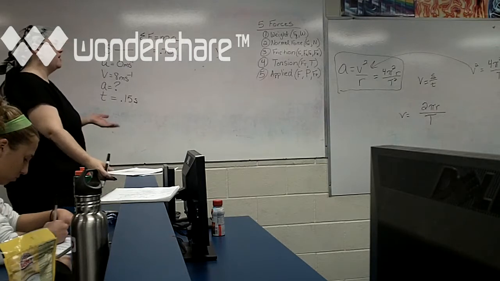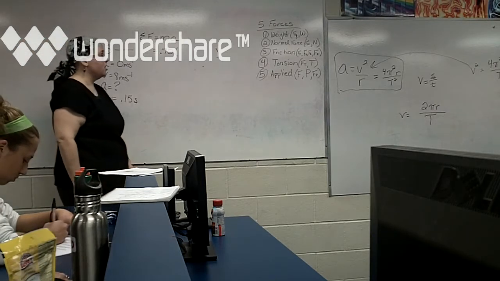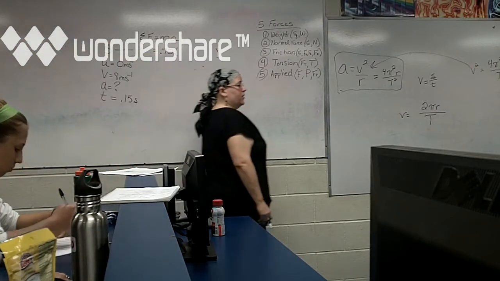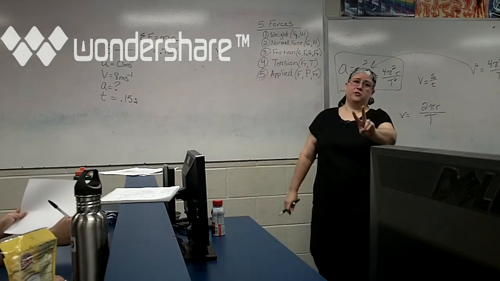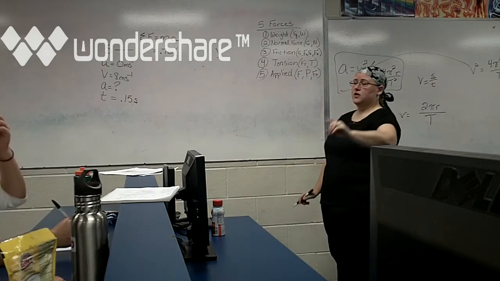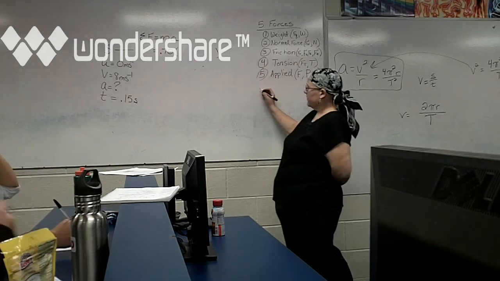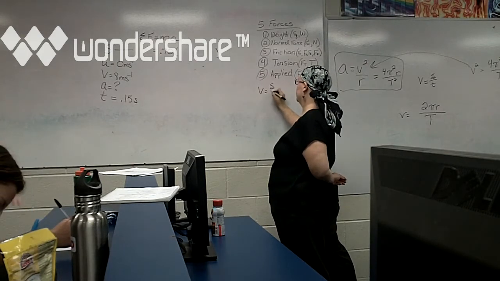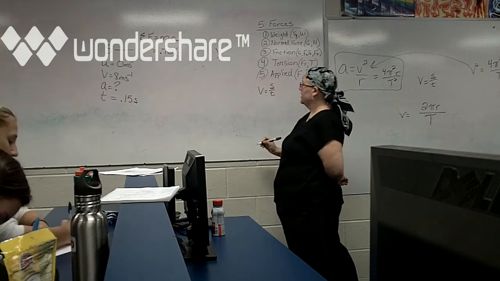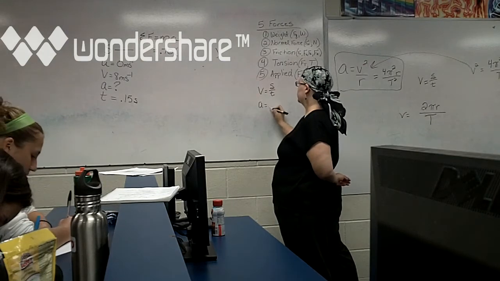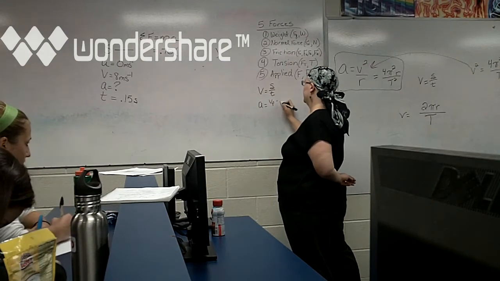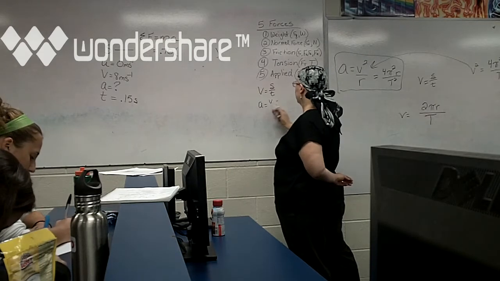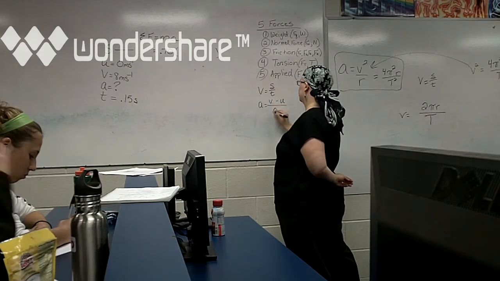Now, you may or may not remember your kinematic formulas, so let me put them on the board. They don't give you the first two, as we learned in our previous section. They don't tell you that the velocity is the displacement over the time, or that the acceleration is the final velocity minus the initial velocity over the change in time.